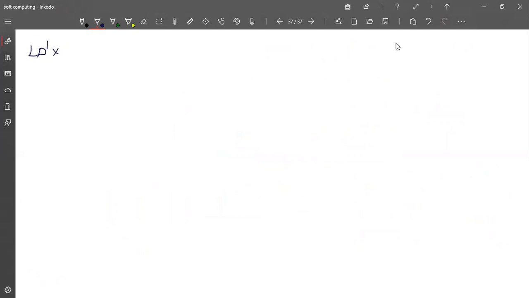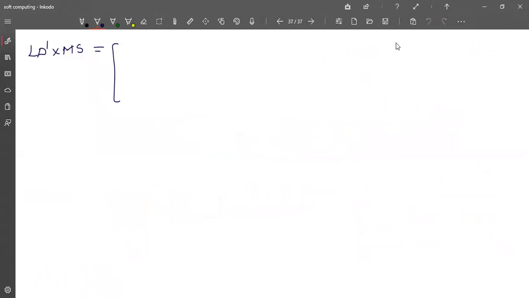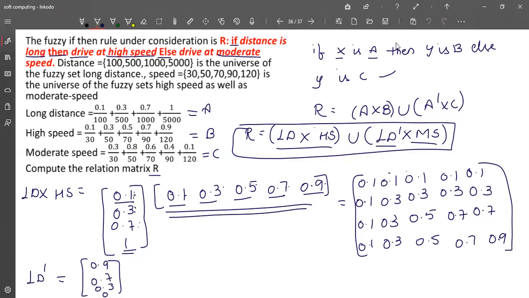Our LD complement is 0.9, 0.7, 0.3, 0, and our moderate speed is 0.3, 0.8, 0.6, 0.4, 0.1.